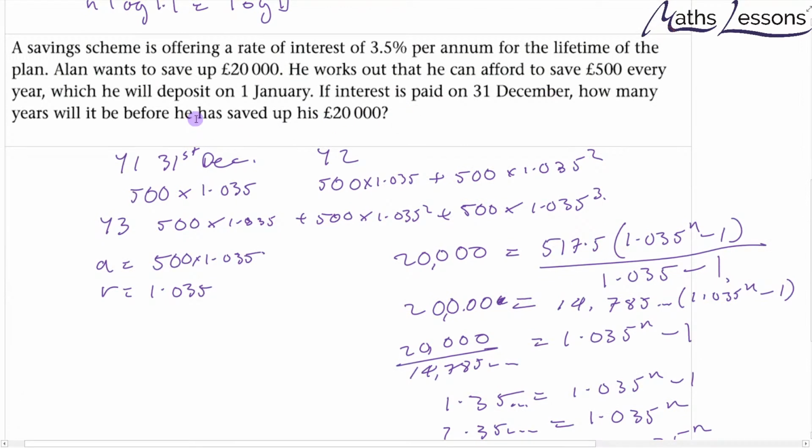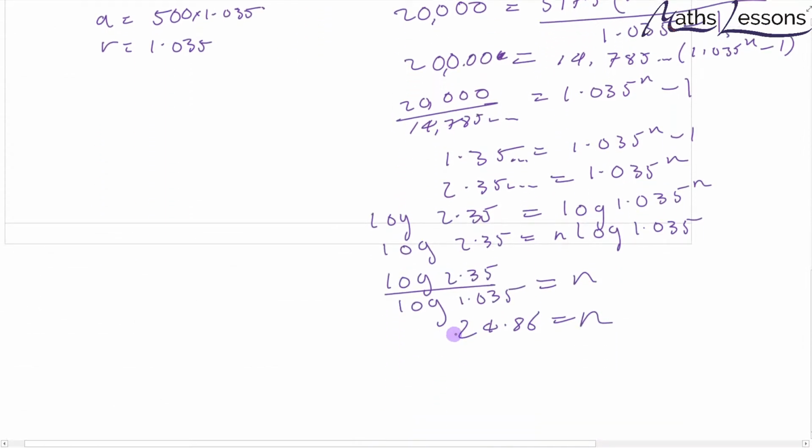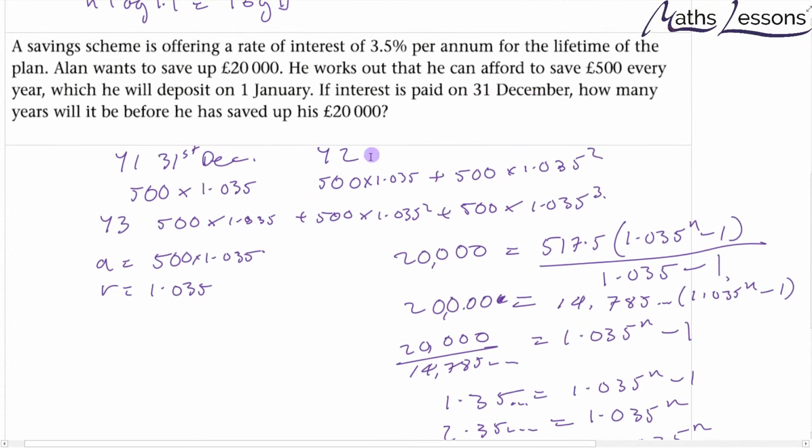So we're looking for how many years before he saved up the 20,000. So it's going to take 25 years because at the beginning of the 24th, he's not going to have enough. It's going to be the end of his 25th year. The n will equal 25 when he's got more than his 20,000 pounds. Okay, so that is our answer to that.